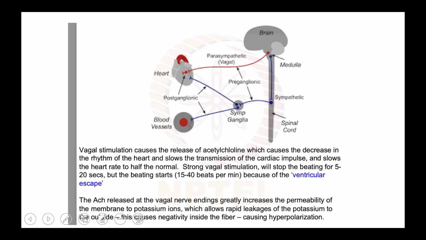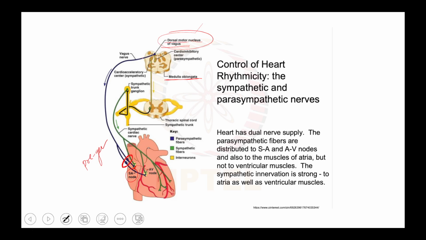Also, the signal is divided into two parts. We have a parasympathetic signal, and also we have a sympathetic signal. The parasympathetic signal is the one generated by the vagus nerve, at the medulla oblongata part, which is the dorsal motor nucleus of the vagus.